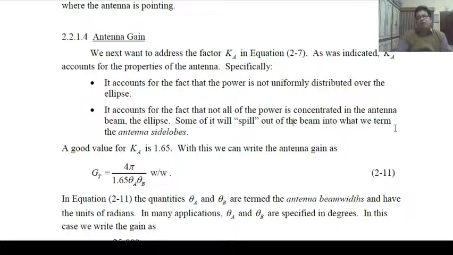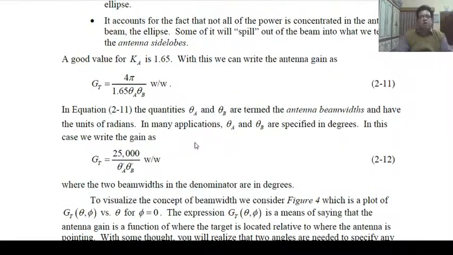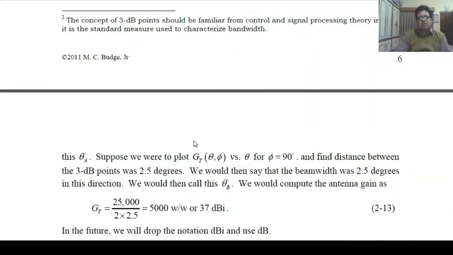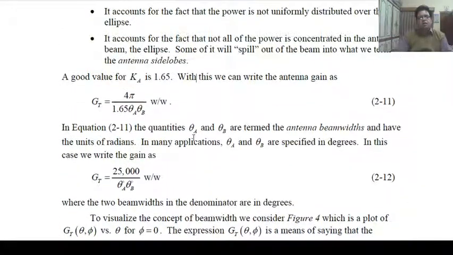Some of it spills out of the beam into what we term antenna side lobes. So this expression becomes, a good value for K_a is 1.65.